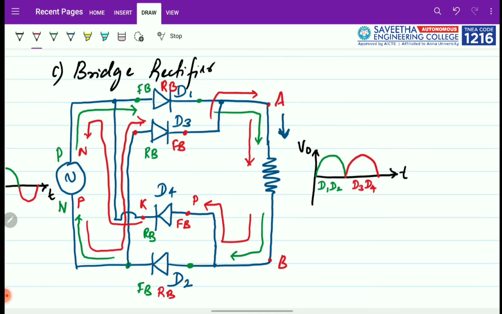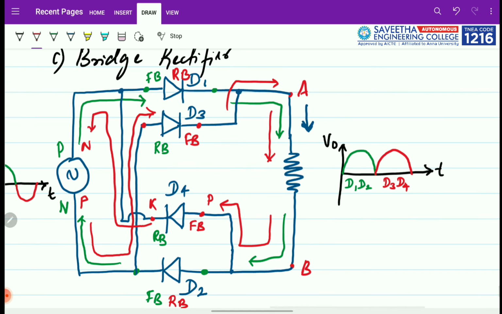So from this circuit we can say that a bridge rectifier consists of 4 diodes. Two diodes operate during the first half cycle and the other 2 operate in the second half cycle, right?